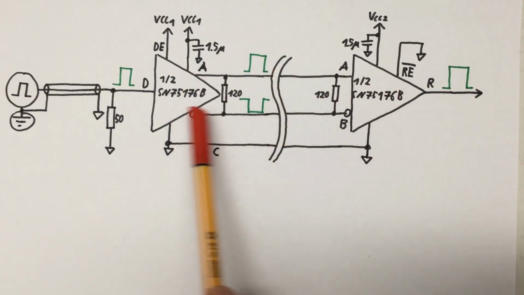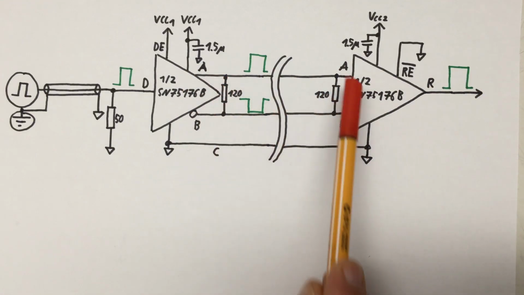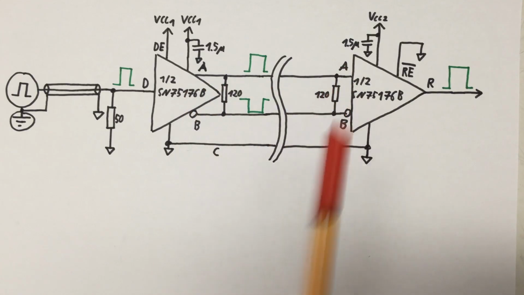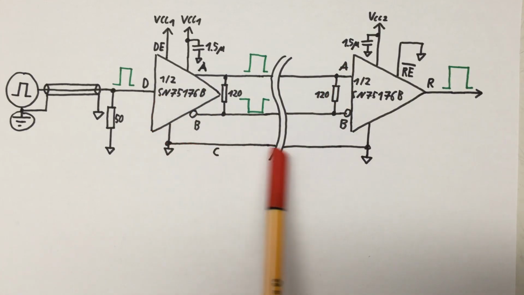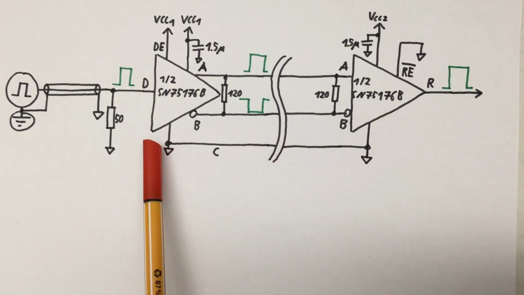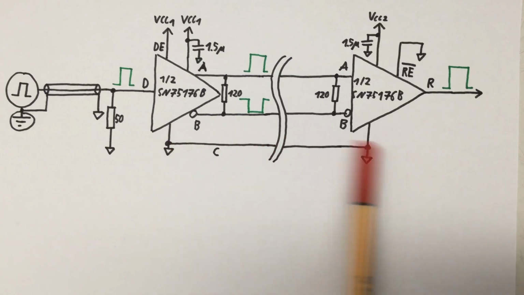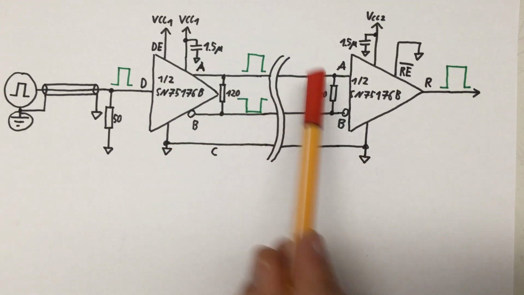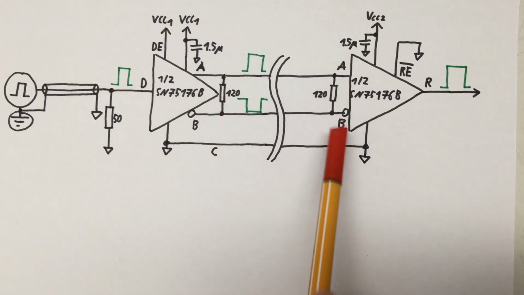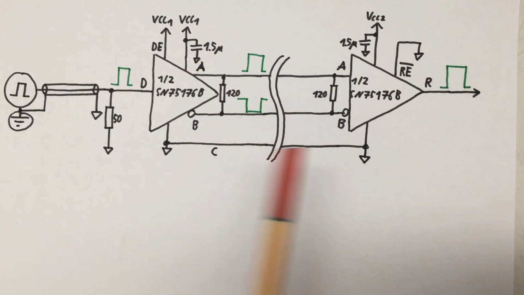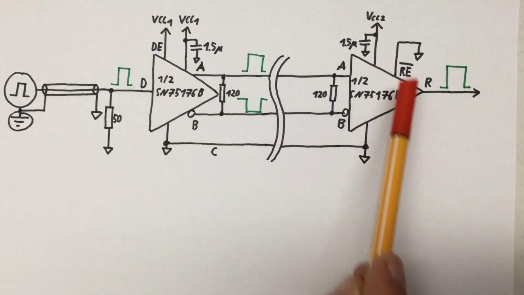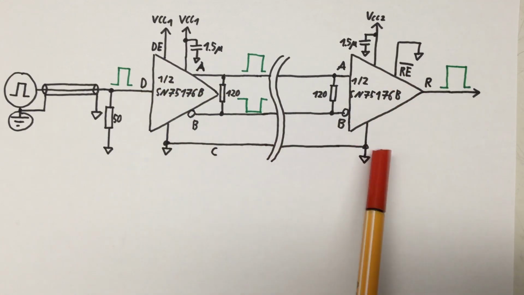The twisted pair transmission line is terminated on both ends with a 120 ohm resistor. And I provide the ground connection between the transmitter and the receiver by just using another twisted pair in my cable. The differential pair here is usually called like the pins on the chip, A and B, while the ground connection between the transmitter and the receiver is called C.